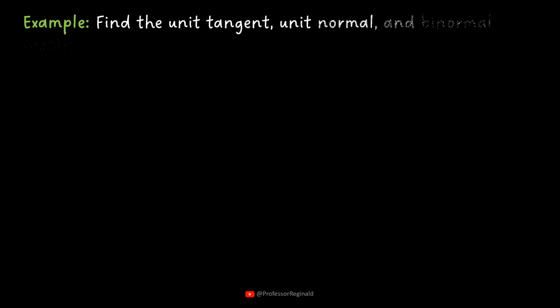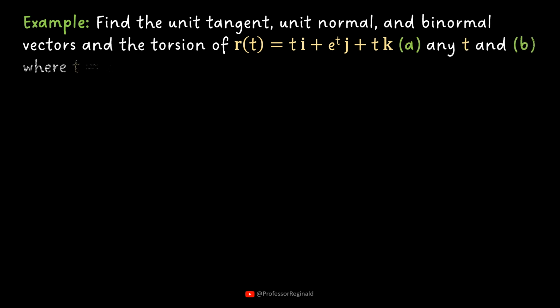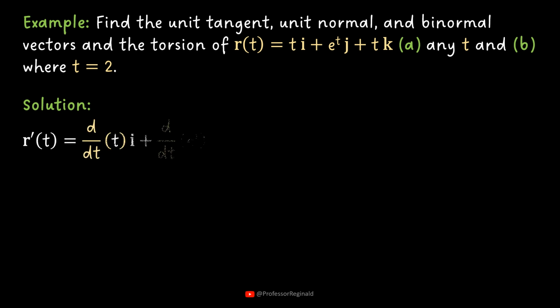Example: find the unit tangent, unit normal, and binormal vectors and the torsion of the following vector-valued function at any value of the parameter t and where t equals 2. Solution: we need the first derivative for the unit tangent vector.